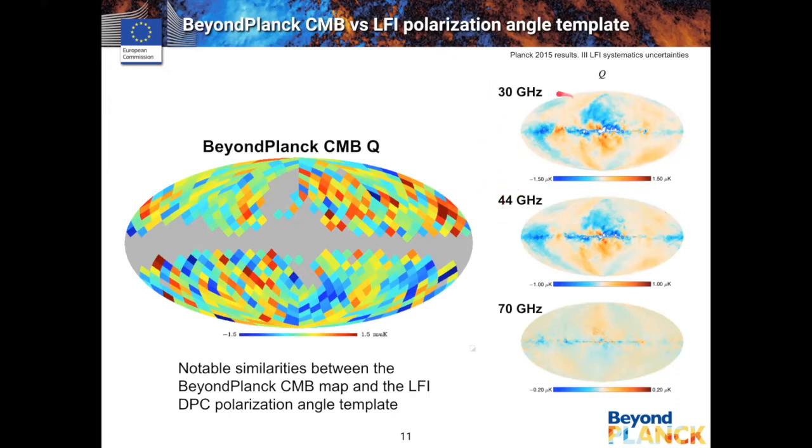On the right, still from this Planck paper, there is the DPC polarization angle template using LFI channels, and you can compare this structure in 44 and 30 gigahertz in the southern hemisphere with this structure in the southern hemisphere from the BeyondPlanck CMB Q map.